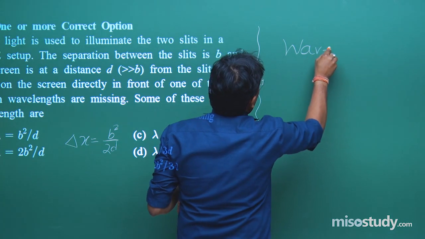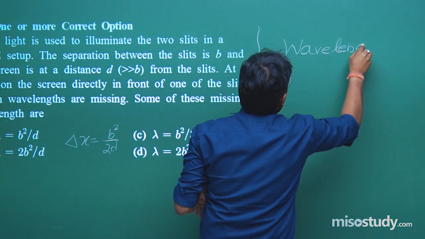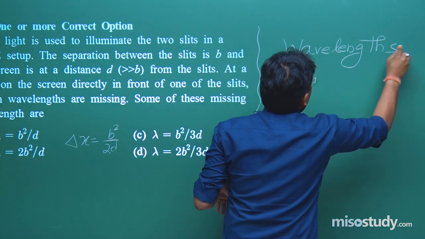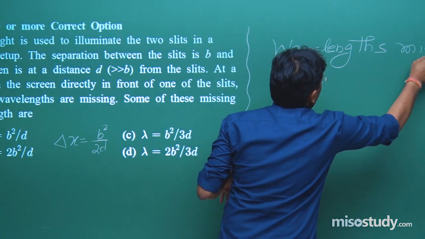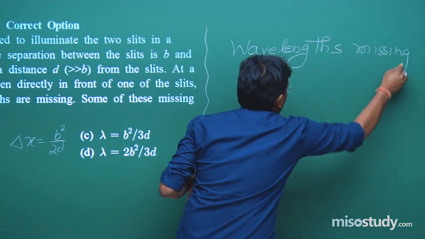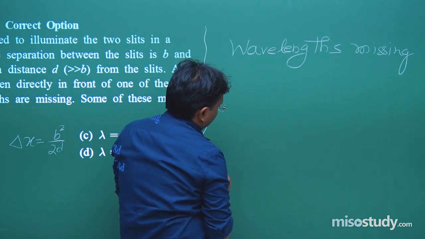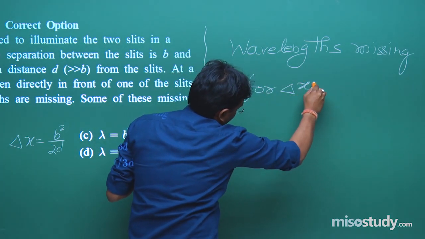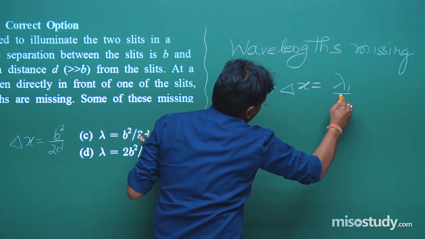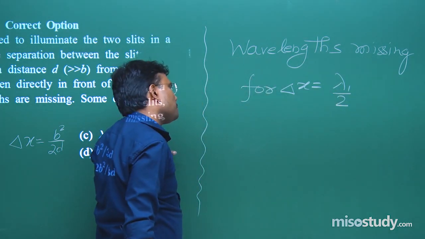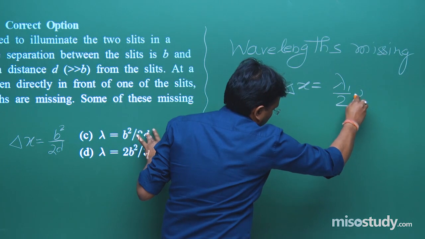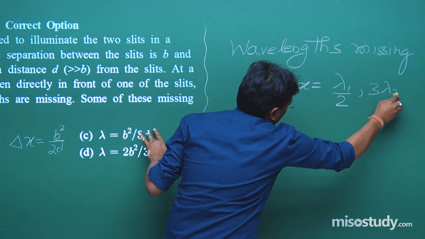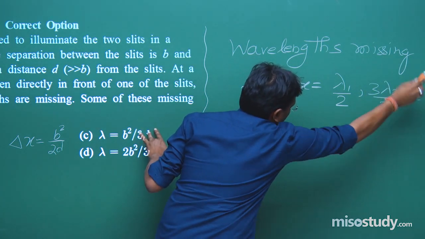Wavelengths missing for delta x is equal to lambda 1 by 2, 3 lambda 2 by 2 and so on.